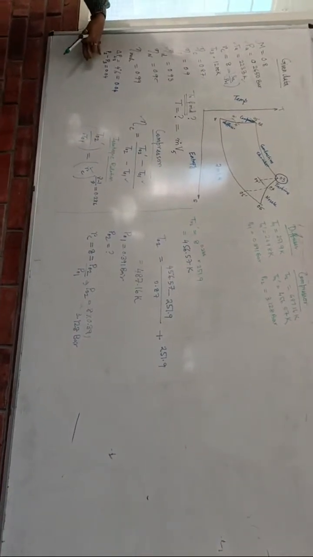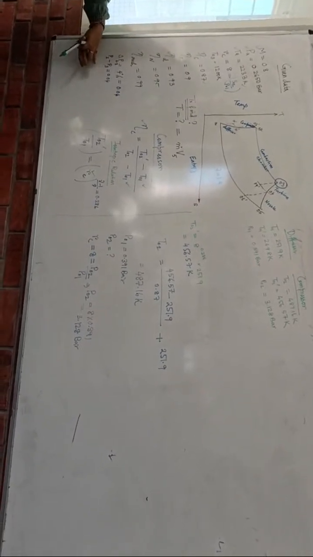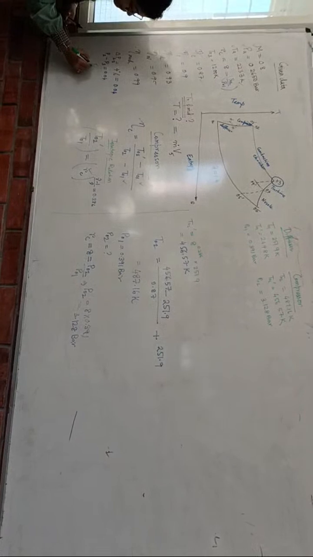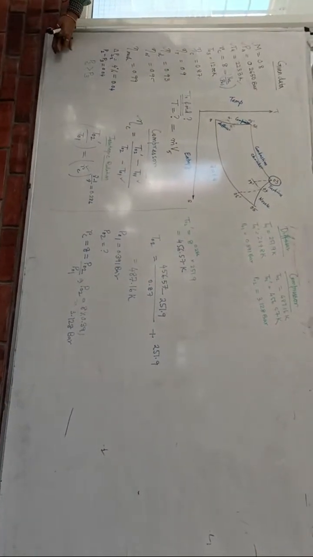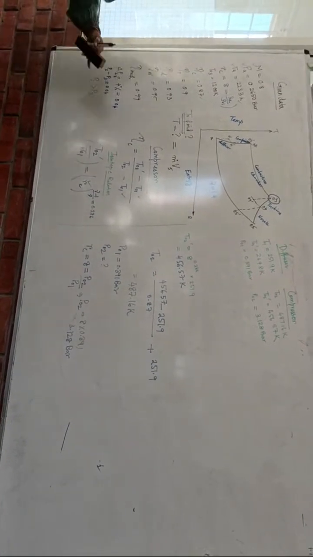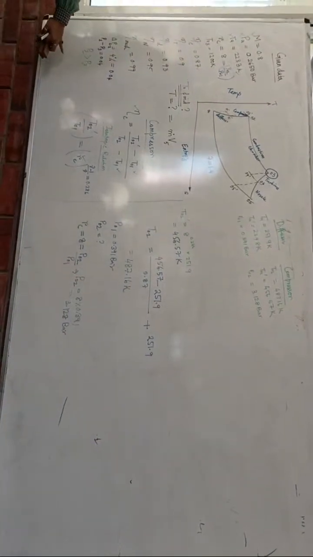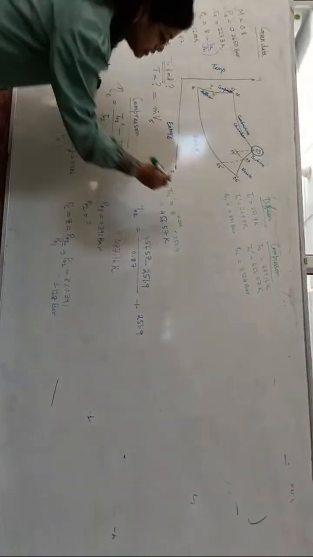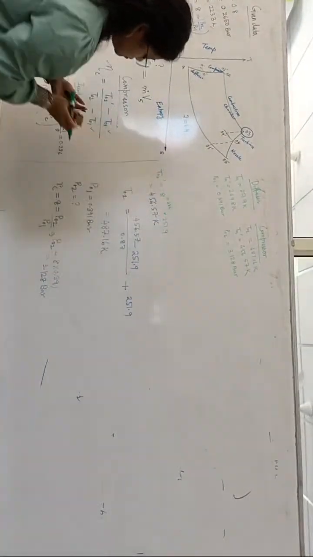From P2, it is decreasing to P3. So P2 is always greater than P3, this is the concept. Now, can I find the P3 value from here? We have been given the pressure loss for the combustion chamber.